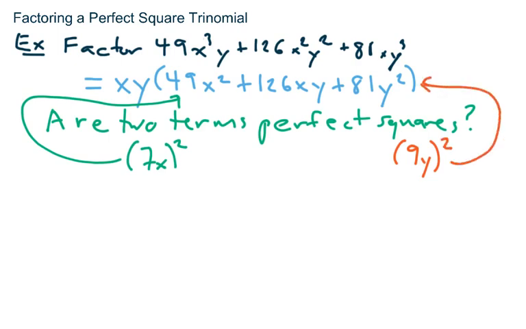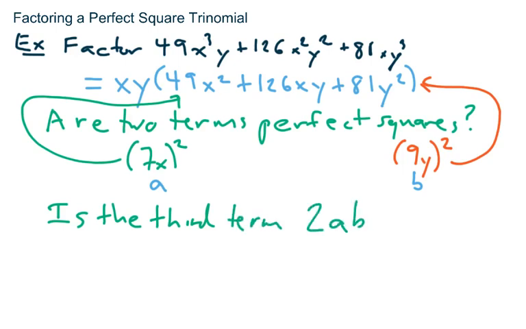So are two terms perfect squares? Yes. Then what you ask yourself is this. Let's say that we refer to these quantities that are squared as a and b. That one's A, that one's B. The next question you want to ask yourself is this: is the third term 2 times A times B?